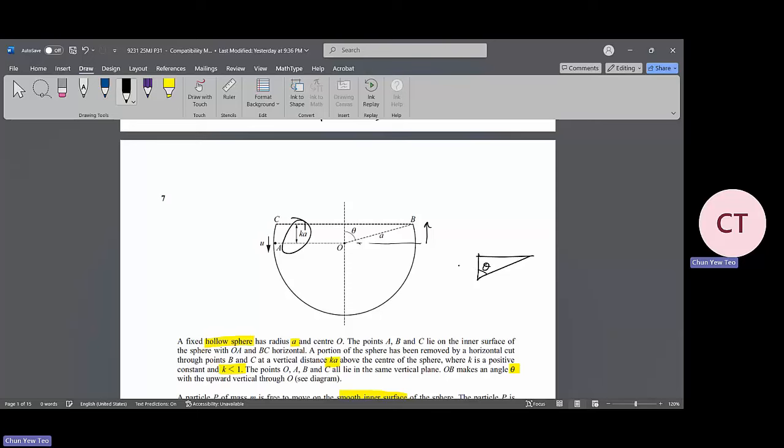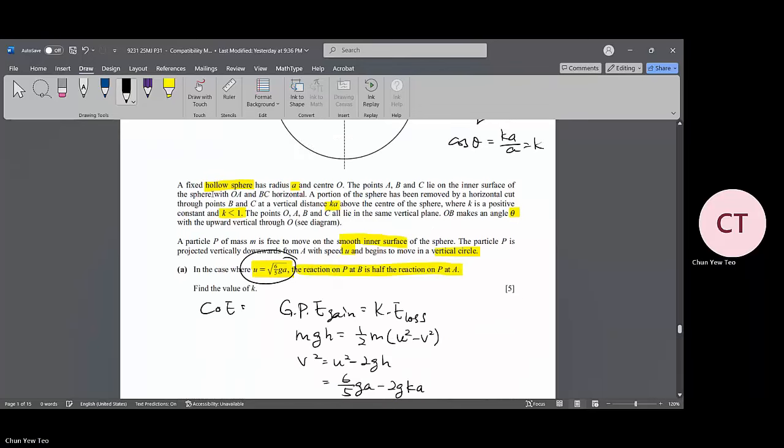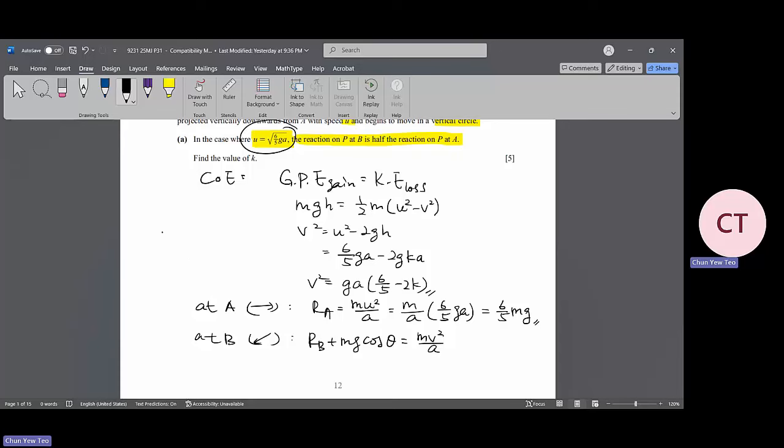This is the theta, this is the Ka, this is the A. So your cos theta is actually Ka over A, which is K. Maybe we just draw it over here: theta, Ka, A. So your cos theta is equal to Ka over A, which is equal to K.